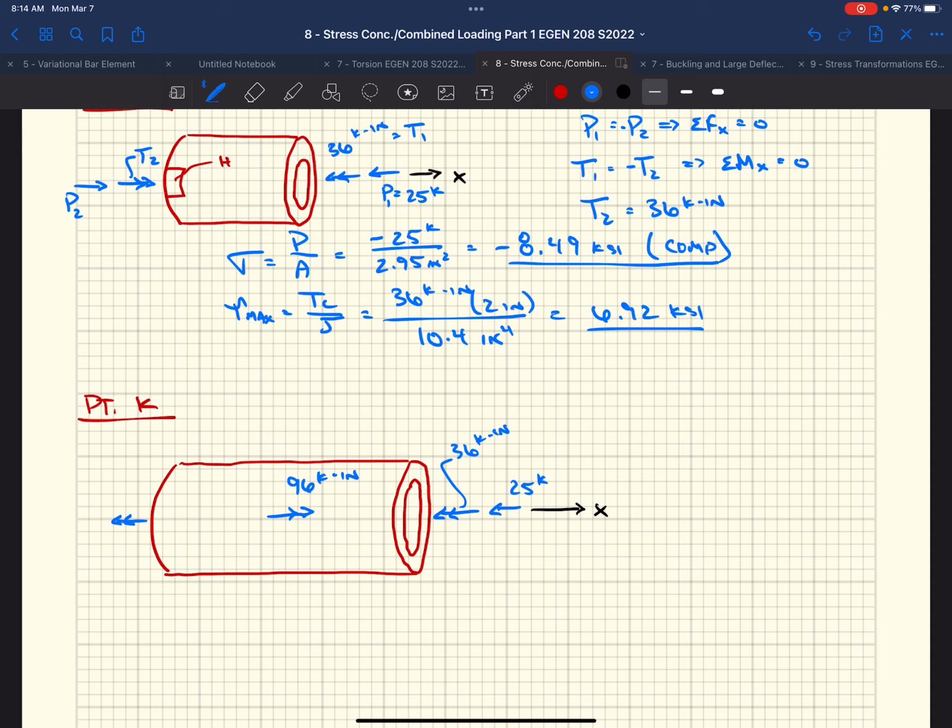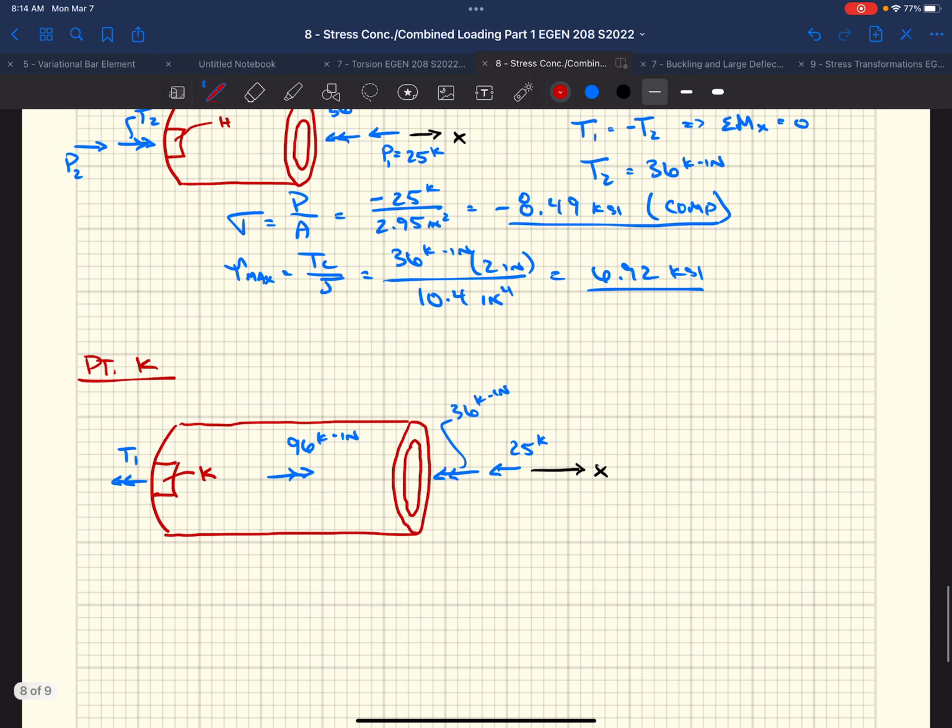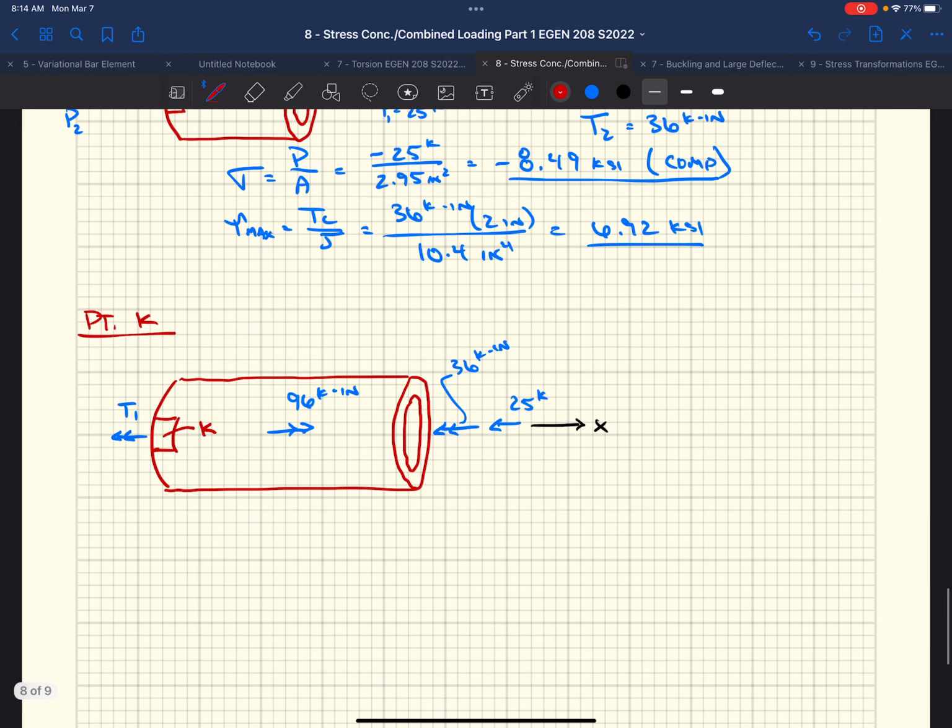I'm going to say that we have a torque acting at point K, right? Acting off to the left. It's a guess at this point. We're going to find out if that's the right direction. And if I have an axial force that's acting to the left at 25 kips, there's nothing else acting on this.